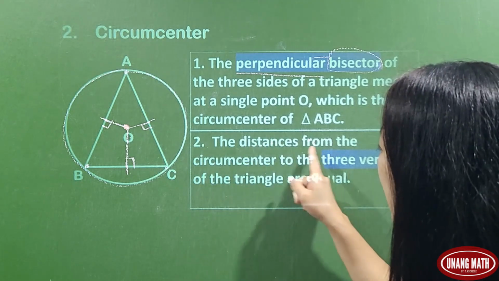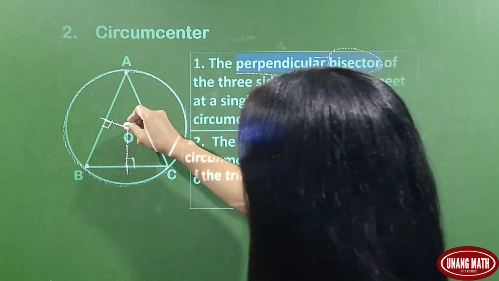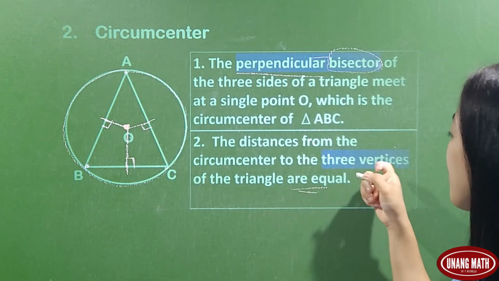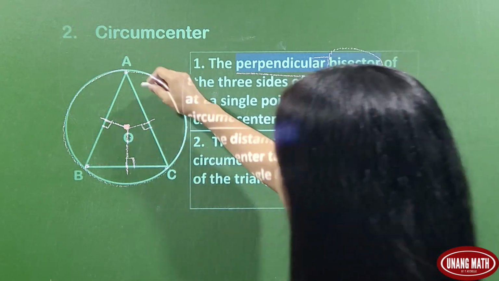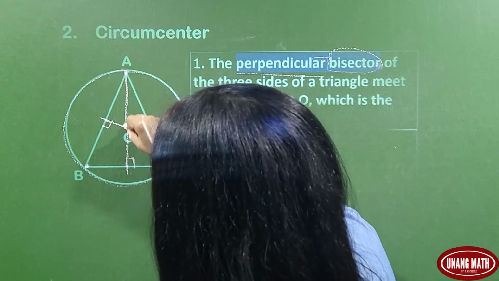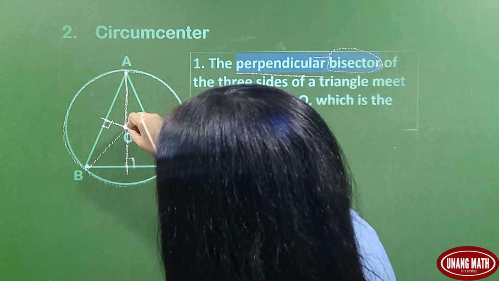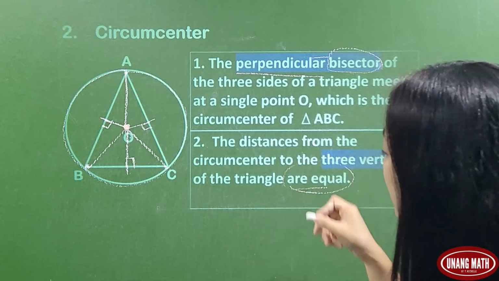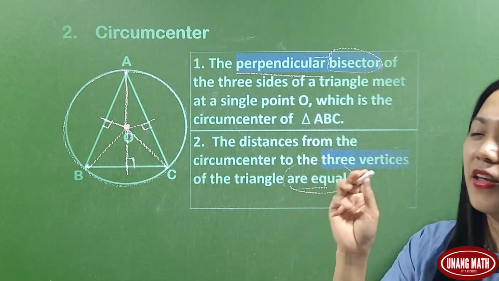Next, the distances from the circumcenter to the three vertices of the triangle are equal. So this is our circumcenter, and these are the vertices. So this distance, and this distance, according to this one, these distances are equal.